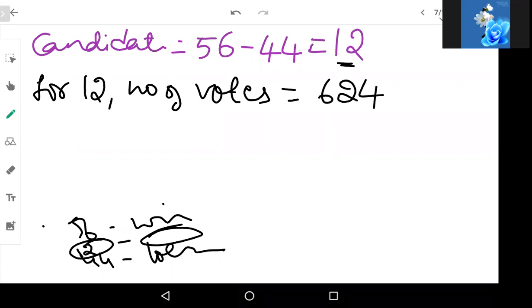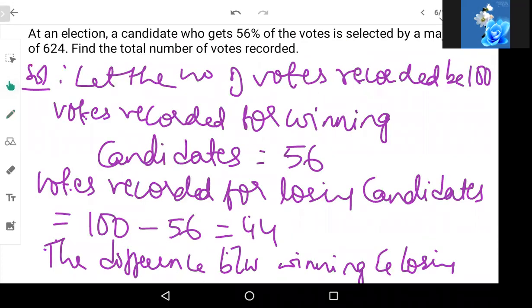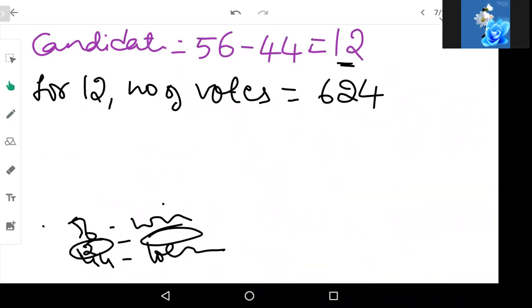624. Read the question once again: a candidate who gets 56% of the votes is selected by a majority of 624. That 624 votes are extra. So for 12, the number of votes will be 624. Now let us find out for 100 how many votes we would get.